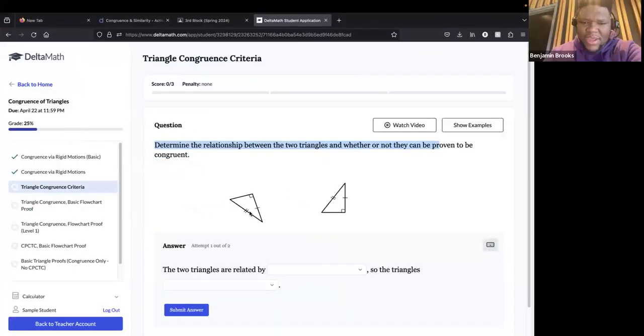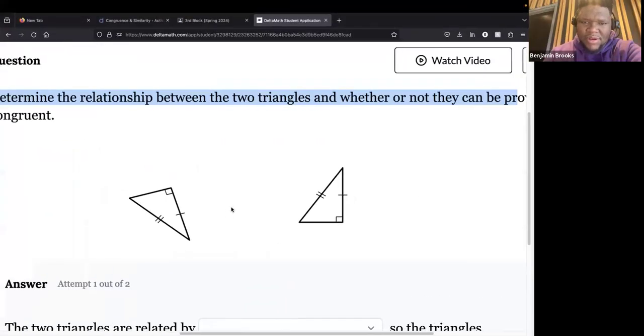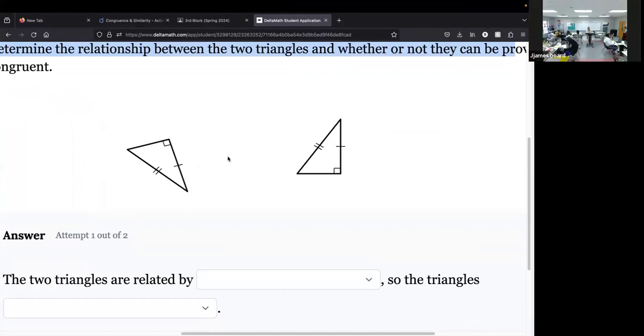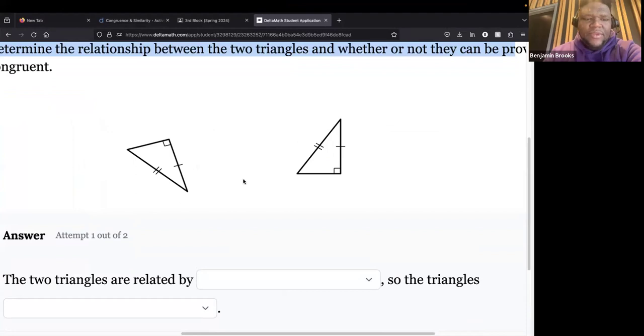You have 2 hypotenuses, 2 corresponding legs, and a right triangle, so it's congruent. So it's hypotenuse and leg.